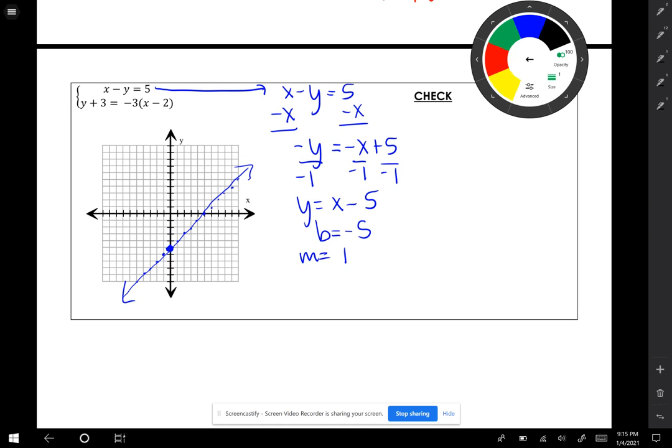Now that second equation is in point slope form. For point slope form, you actually don't have to rearrange it to graph it. You have all the information you need within that equation. It's just a little different than slope-intercept form. What's different is your starting point.